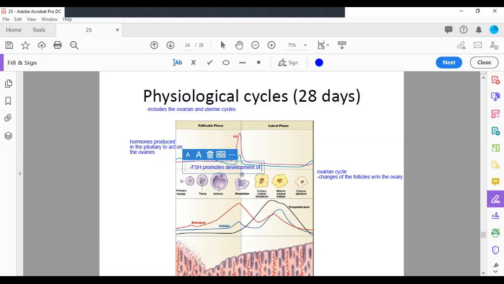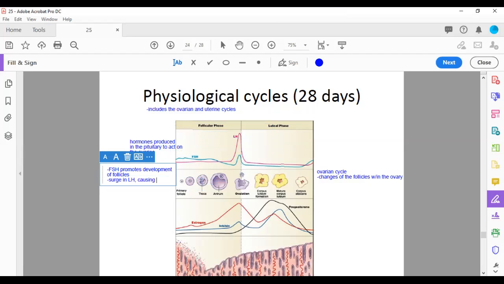FSH promotes the development of the follicles, whereas there's a surge in LH causing ovulation.